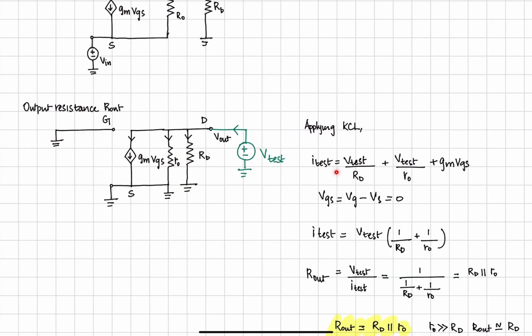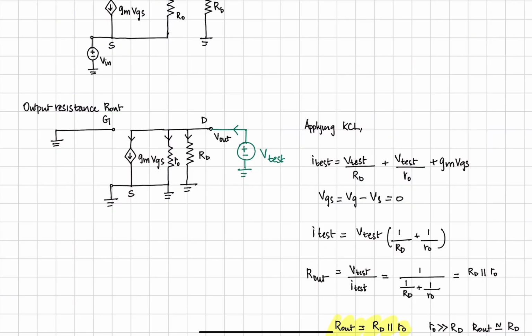By applying KCL, we get the I test, which is the current that is getting split into these branches. I test is equal to V test divided by RD plus V test divided by RO plus gm VGS. The gate source voltage is the gate voltage minus the source voltage. Here the gate is grounded and the source terminal is also grounded, so VGS is 0.